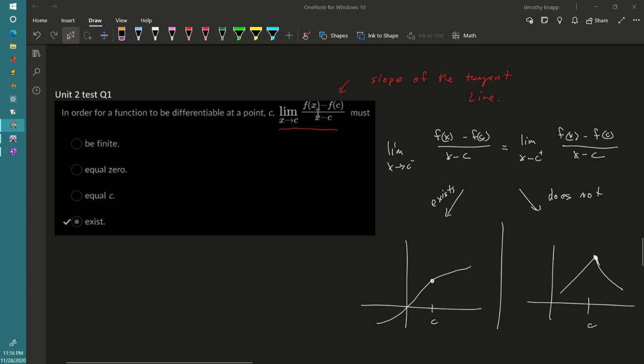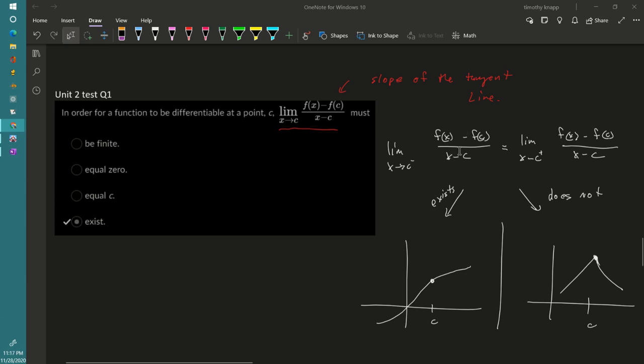Well, remember, in order for a limit to exist, the left-hand limit and the right-hand limit must be equal. So basically, as I approach C from the left, what you're doing here is building a secant line to the left of C, choosing x values slightly less than C, and getting closer and closer.